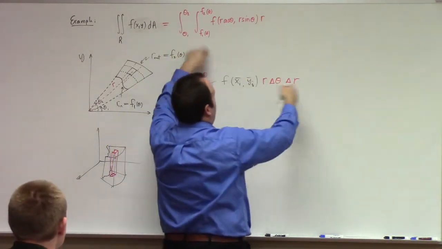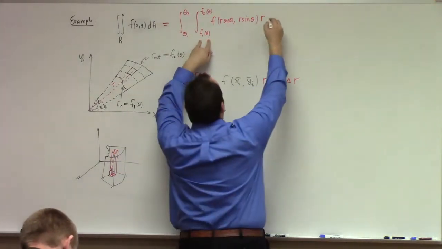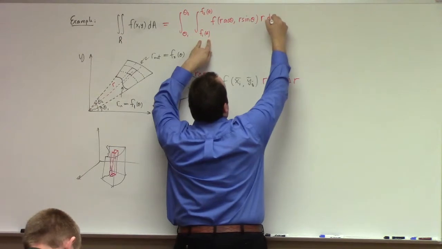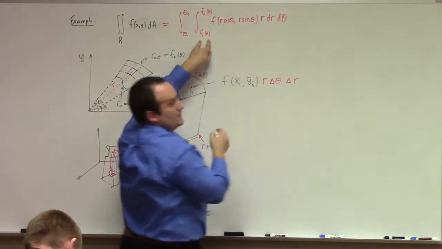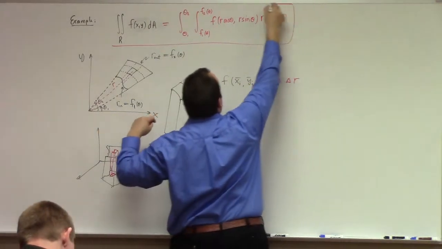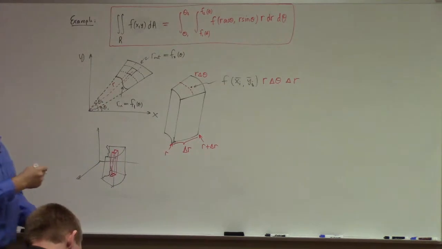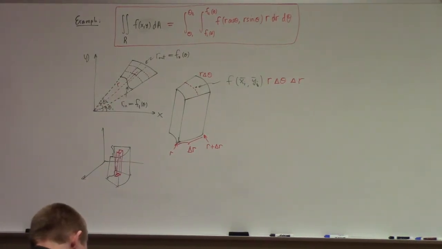Now which comes first, dr or d theta? dr d theta, right? And there you go. This right here, folks, is the theorem, if you like, which I have certainly not proved, but I've sketched the proof of. That is how you calculate integrals using polar coordinates.